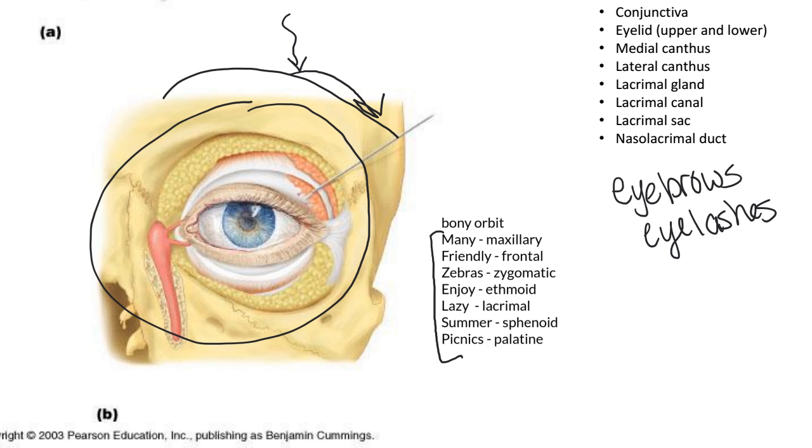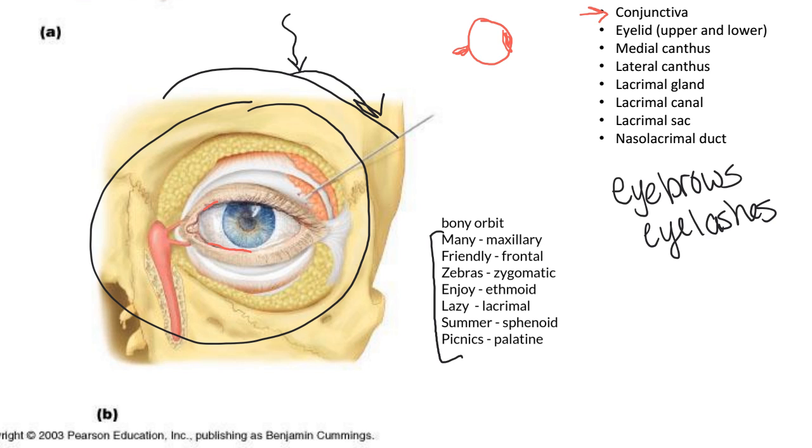Okay, our first new one, which maybe we're not as familiar with, is our conjunctiva. The conjunctiva is the pink part on the inside of the eyelid. If I was looking at an eye from the side, there's the nerve sticking out the back of the eye, and this is the colored part on the front of my eye.